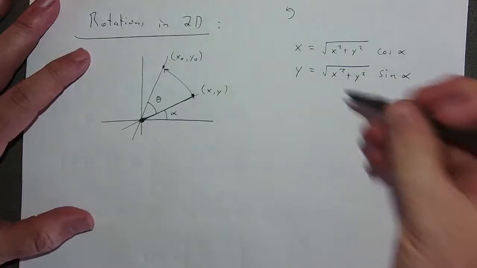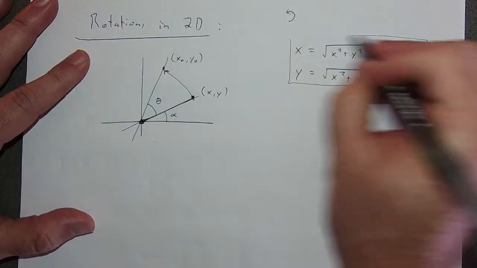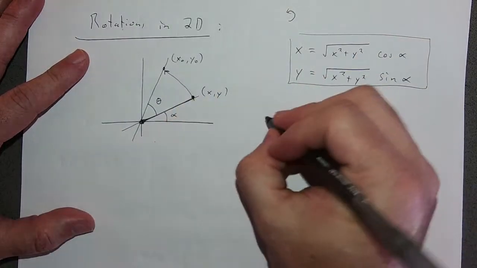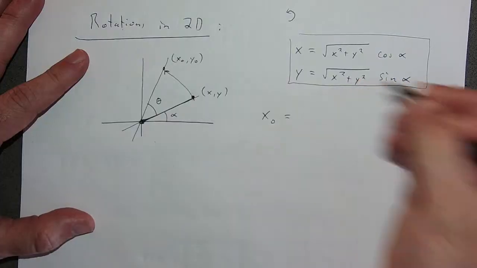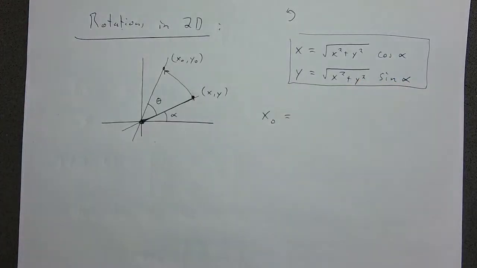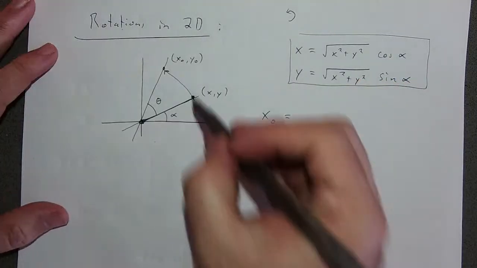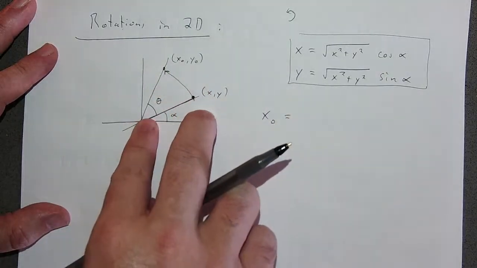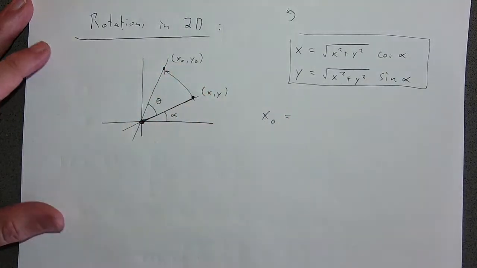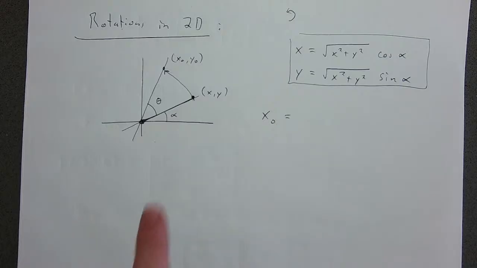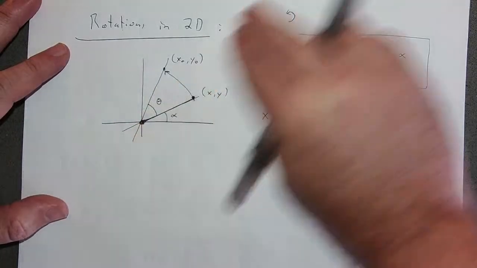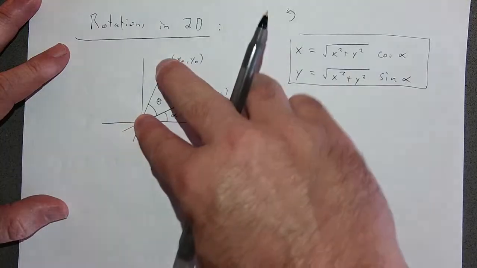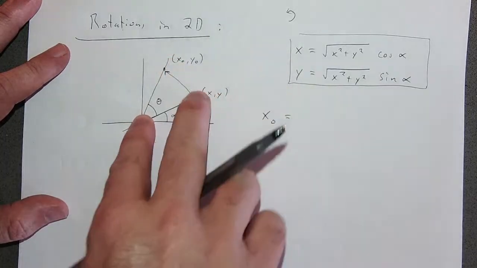Well, if that is the case, these are the polar coordinates that define my point here. What about x naught? Well, like how circles work, if you go back to compass and straightedge things, this rotation is not scaling this point out. It's not moving this point out. So actually this distance is fixed.